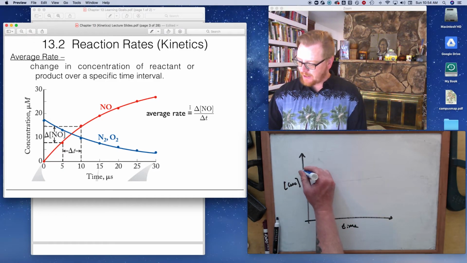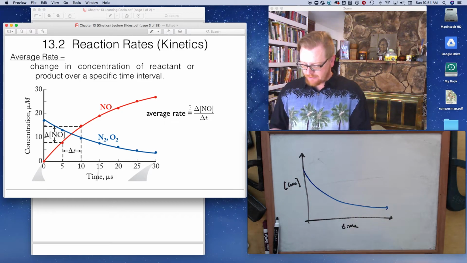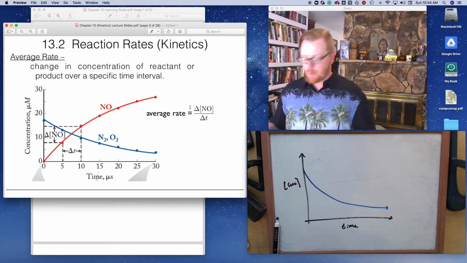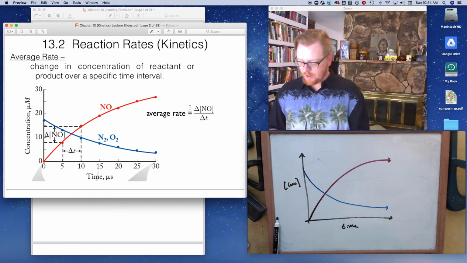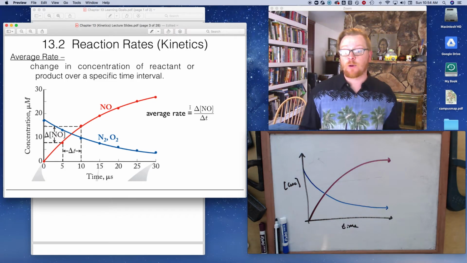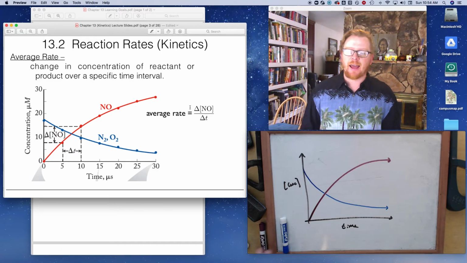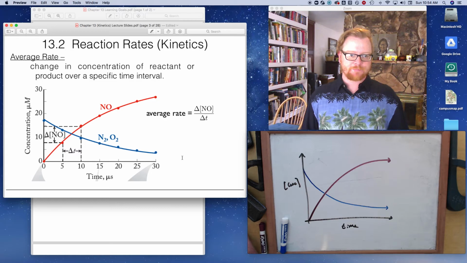So now if I look at this, I'll do a reactant slope right here, or reactant rate, and we'll do a product rate. Okay, so now there's a couple different ways that we can calculate all of these rates. And as it turns out, none of them are really that great, and you'll see why in a moment.